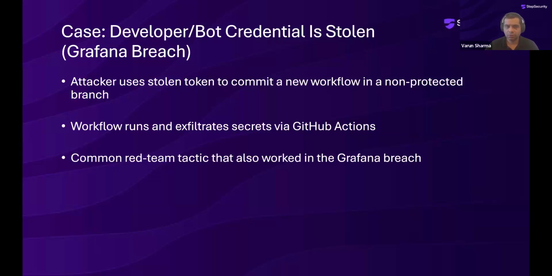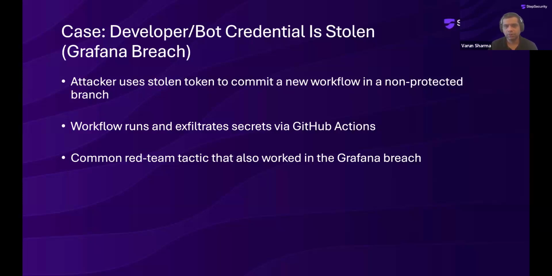And in fact, this is a very common red team tactic, and it was also used in the recent Grafana security incident where one of the bot account's credentials was first compromised, and then it was used to create a new workflow to exfiltrate credentials.